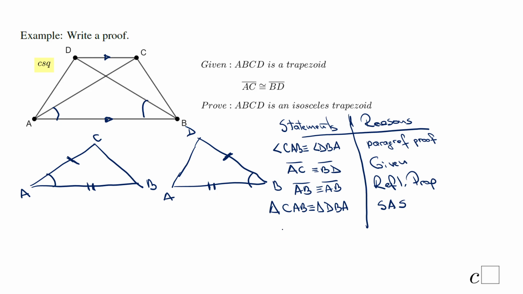So now we know BC has to be congruent with AD because corresponding parts of congruent triangles are congruent. And now, what does this mean? This means ABCD is an isosceles trapezoid, and why? Because the legs are congruent.